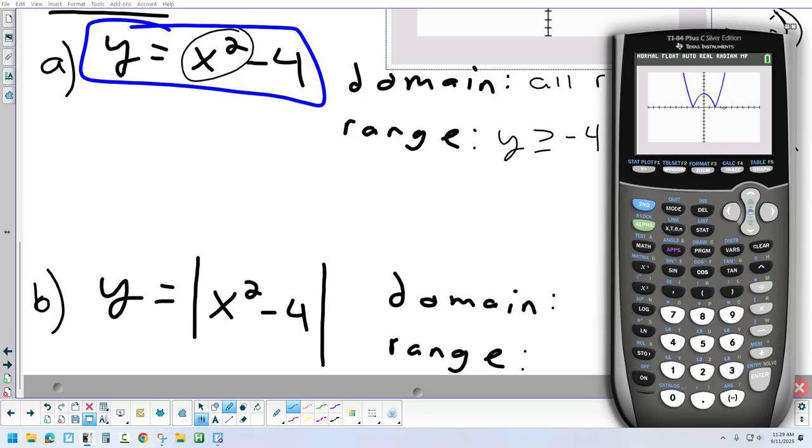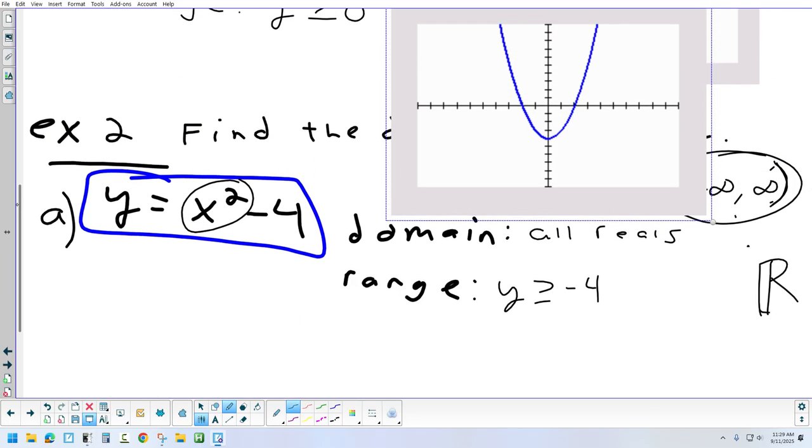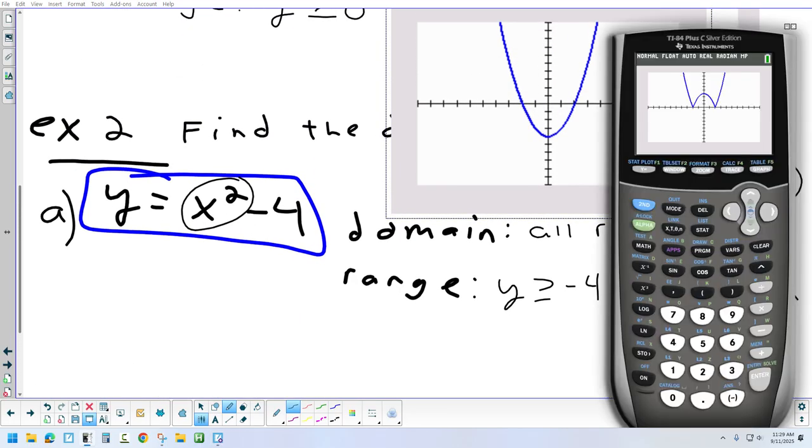Between domain and range, what didn't change between this graph and that graph? The domain. Something didn't change at all. Yep, again, it still goes left and right infinitely.